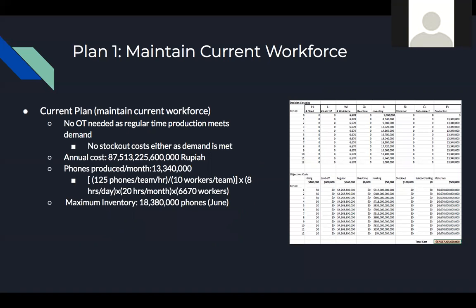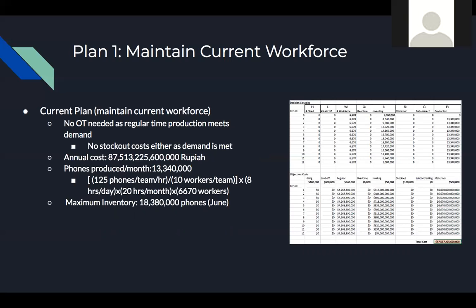The current production plan revolves around keeping 6,670 workers employed throughout the year, as well as maintaining 1 million units of inventory at the beginning and at the end of each production year. During the middle, it will fluctuate in accordance with demand and production, which can be shown in the graph in the slide.